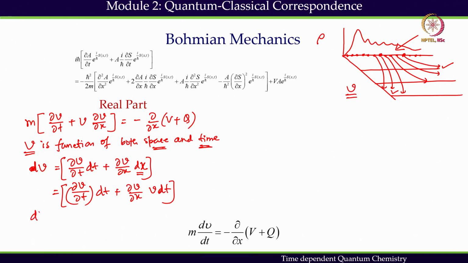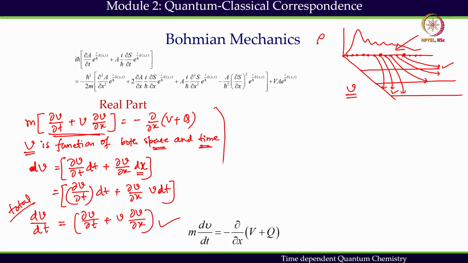By this mathematical trick, what I get is the total time derivative of the velocity, and that can be represented by the summation of these two partial derivatives, v dv/dx, and that is exactly what we have here.